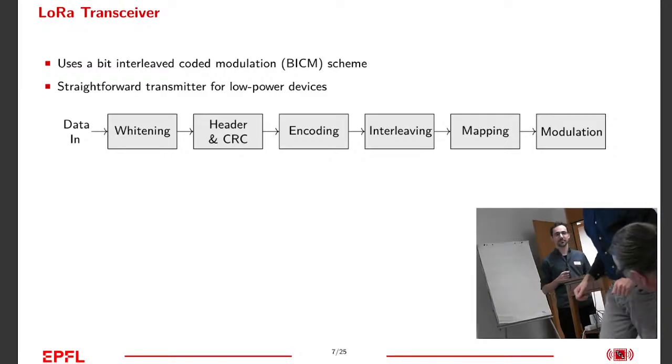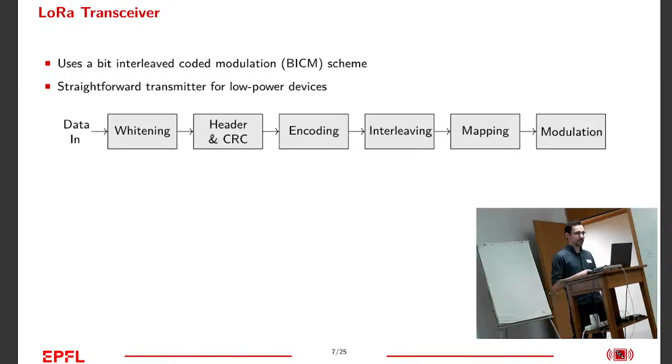It's a relatively straightforward way of transmitting, except for the modulation, but everything is relatively simple as it needs to run on low power hardware, so nothing too fancy. I can go through it today, and you should all be able to follow what's going on.